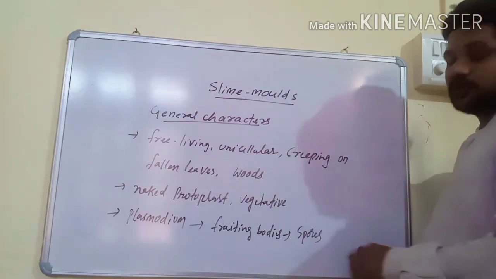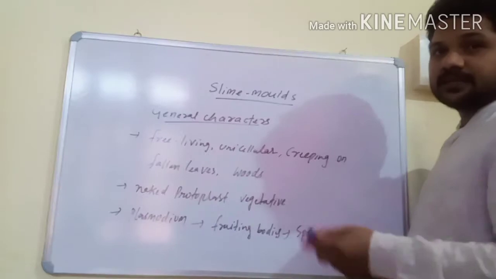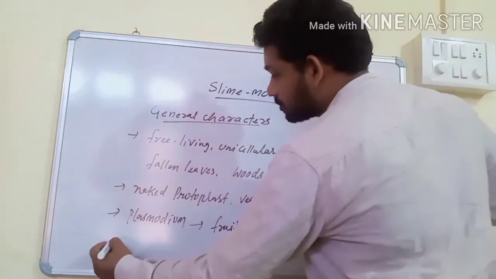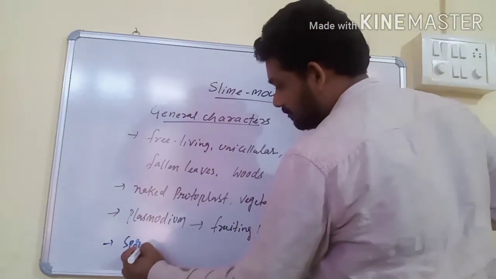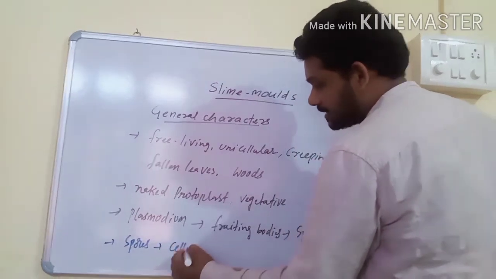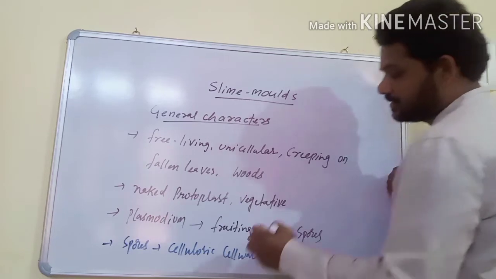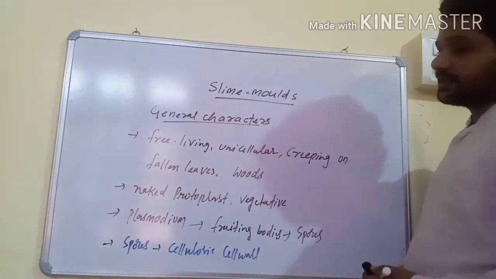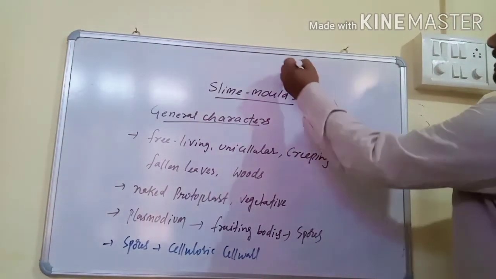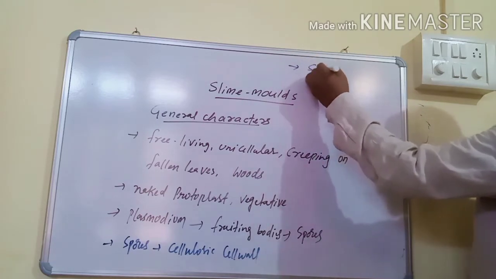When spores are produced, they enter the reproductive stage, and spores produce a cell wall. Spores have a cellulosic cell wall, made up of cellulose. Their nutrition is generally saprophytic.